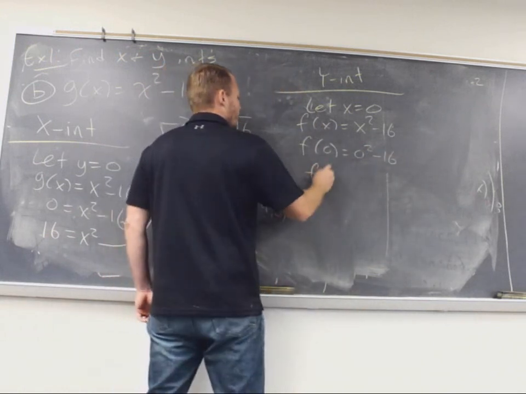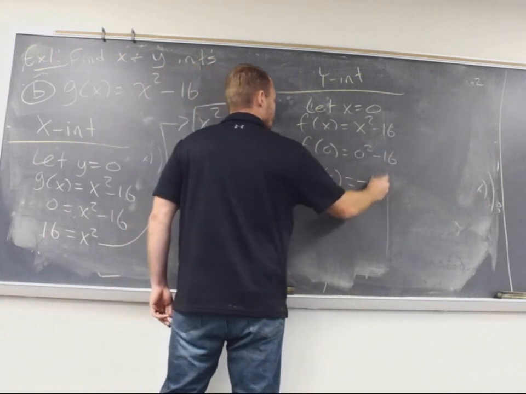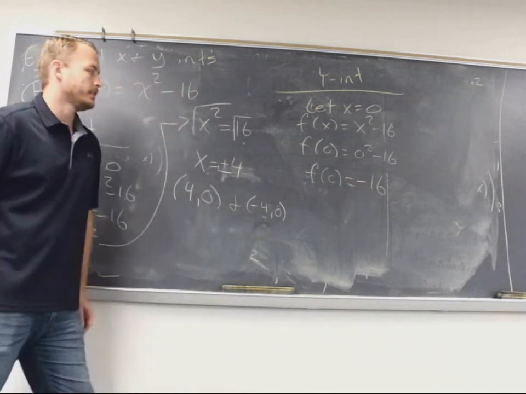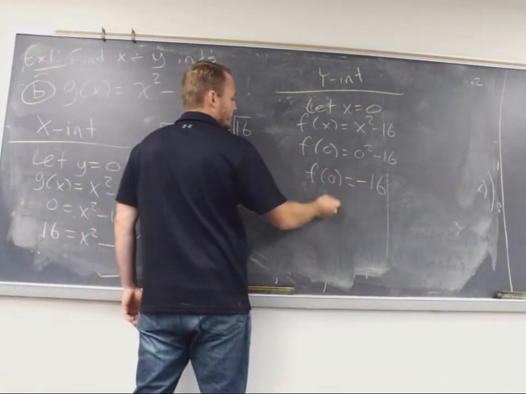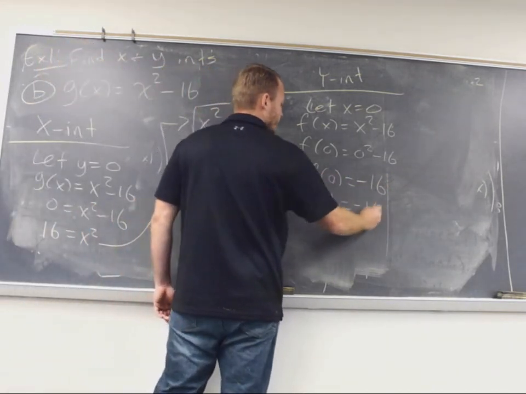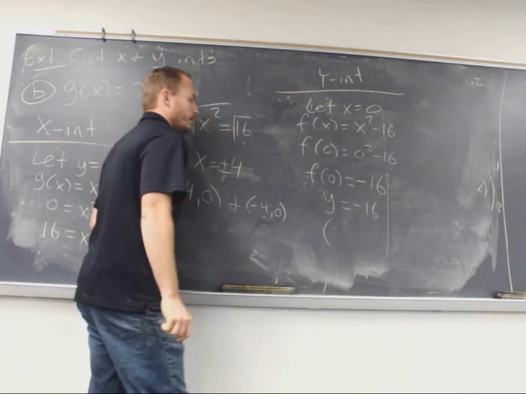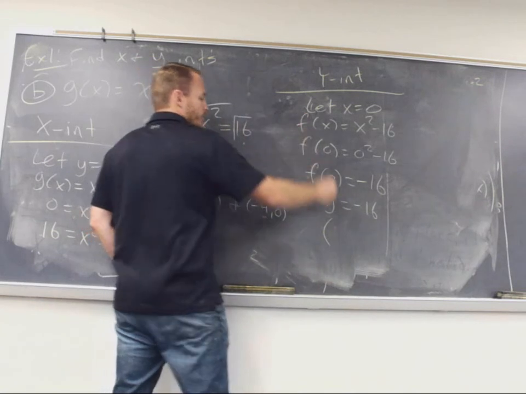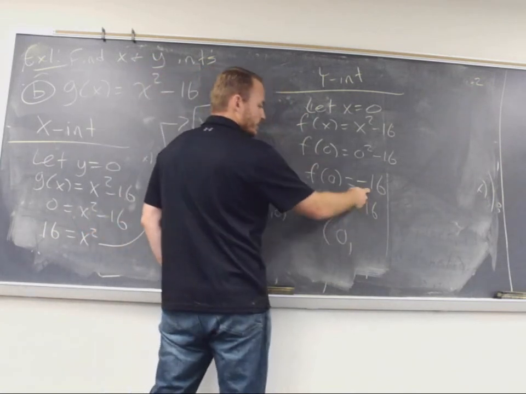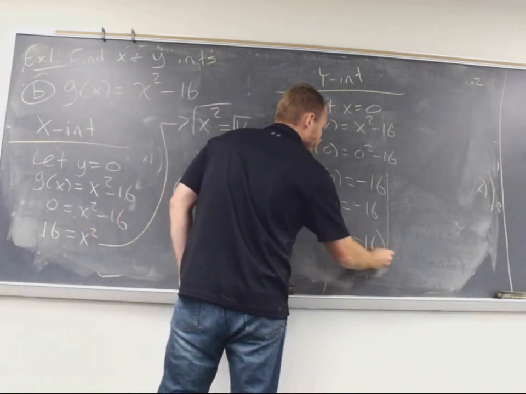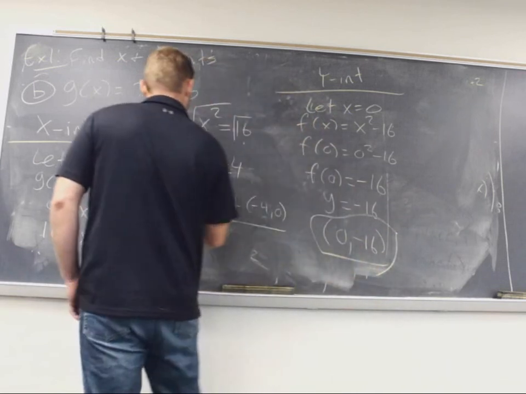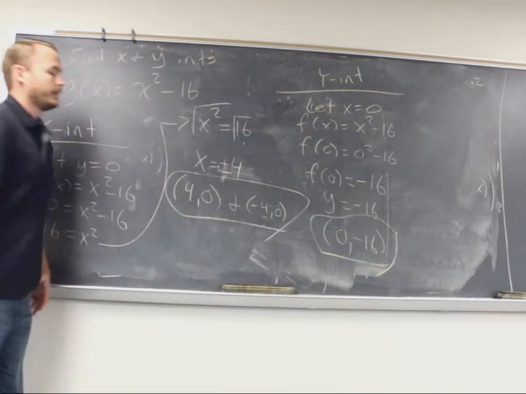So g of 0 is equal to negative 16. So that means, or you can say, y is equal to negative 16. All right, remember it's a point. I said my x value was 0, and I was getting an output of negative 16. So there would be my x and y intercepts.